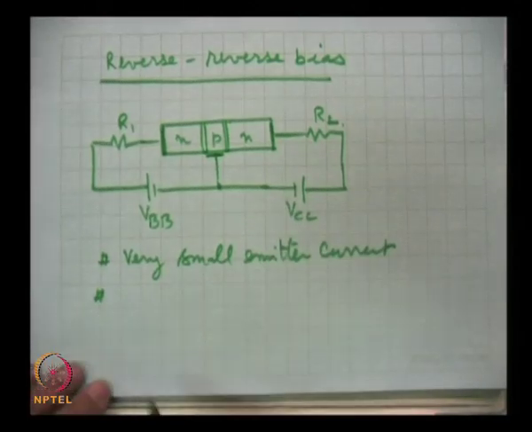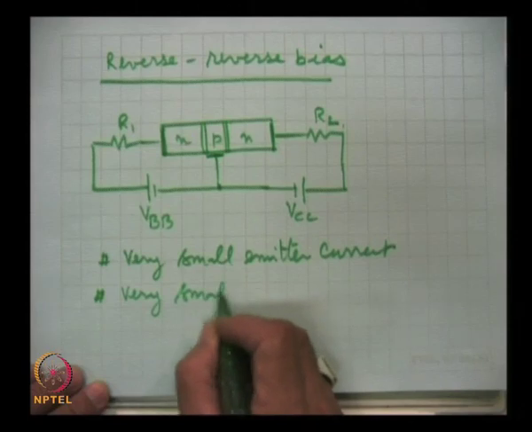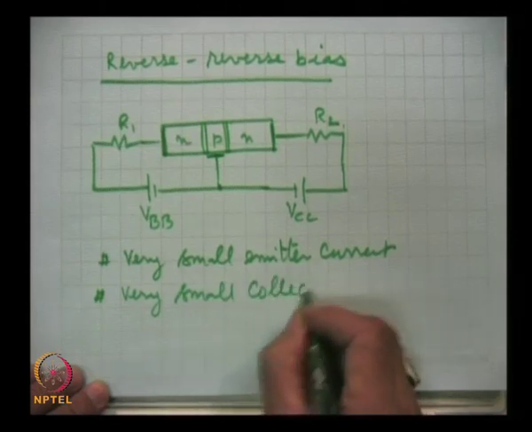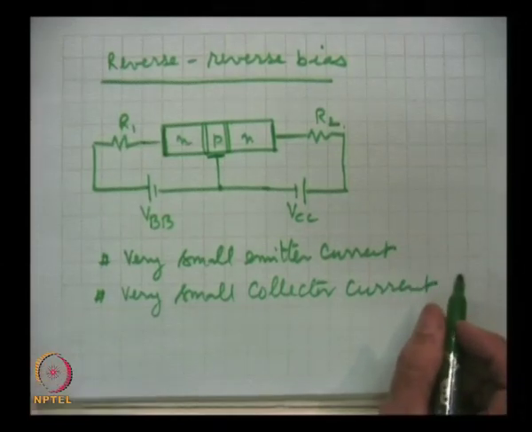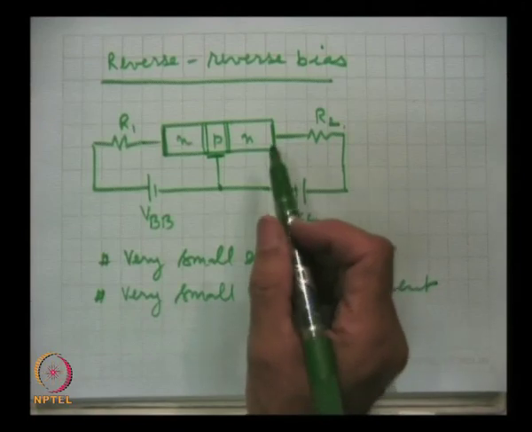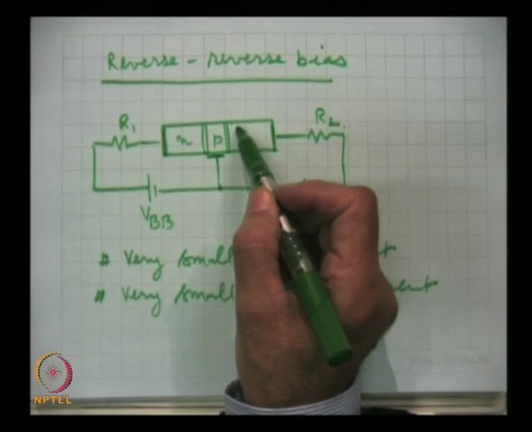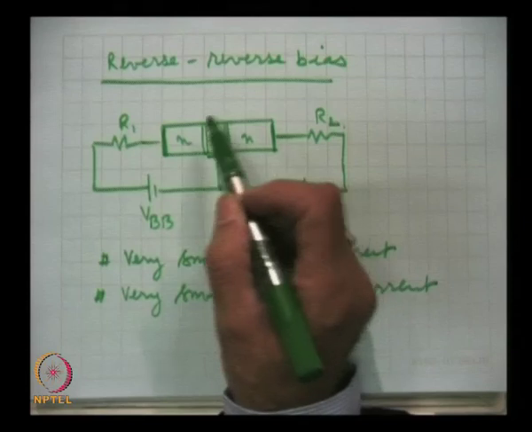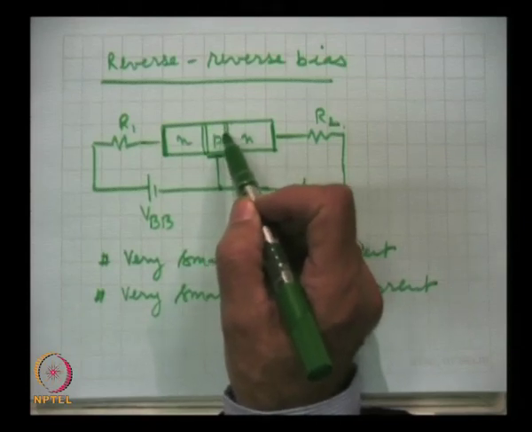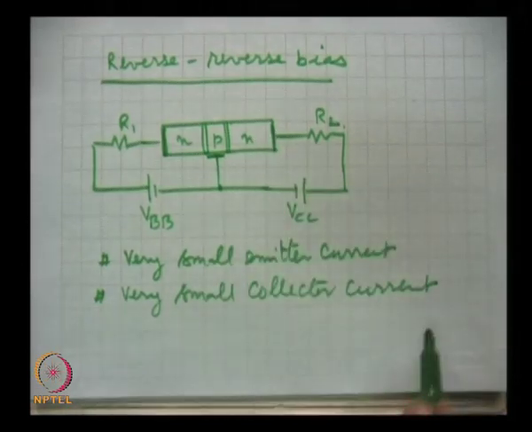So, there will be very small collector current, which will of course arise because of the minority holes drifting from the collector towards the base and minority electrons drifting from the base towards the collector. So, that will constitute the collector current.